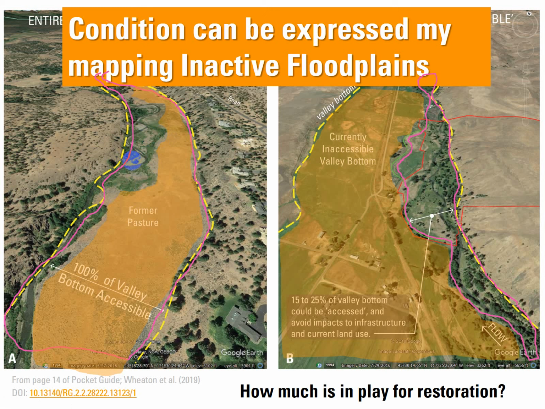The boundary between active channel and active floodplain, that's bankfull, right? As squishy of a concept as that is. The boundary between active floodplain and inactive is a little squishier still. In a lot of areas, something on the order of a 5 to 10 year recurrence interval flow, right?